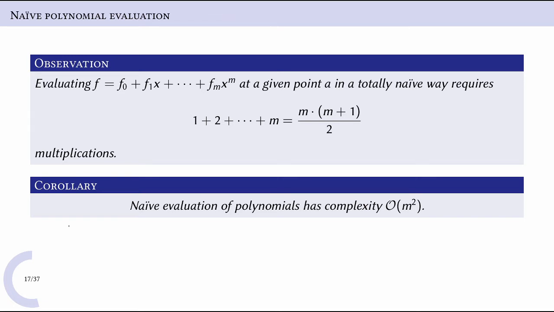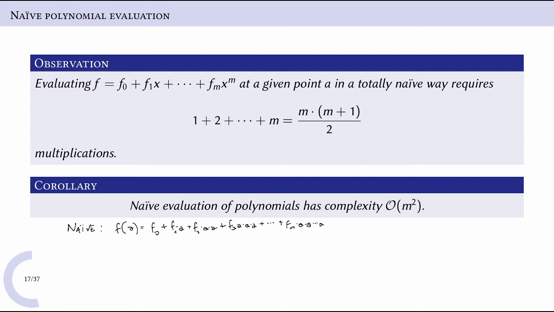So a naive approach to evaluating f of a would be something like this. This is f0 plus f1 times a plus f2 times a times a plus f3 times a times a times a, and so on. Finally we will have fm times a times a and so on times a.